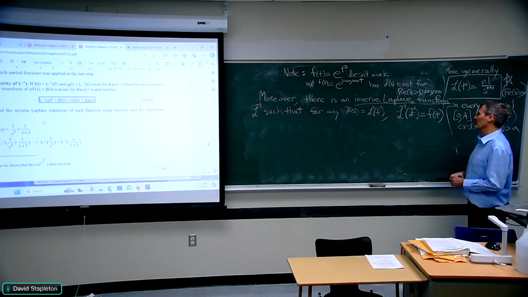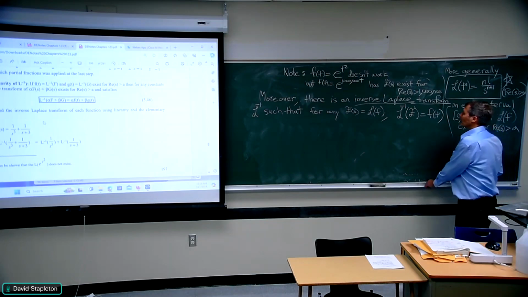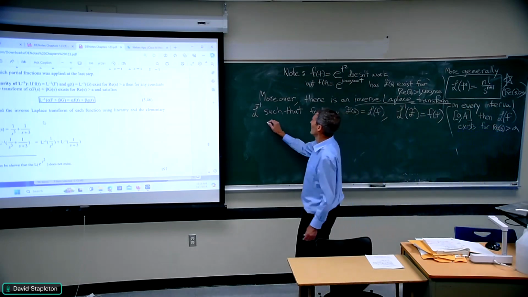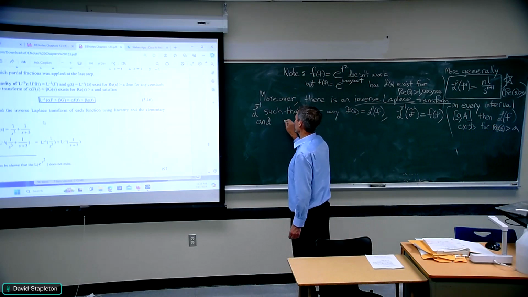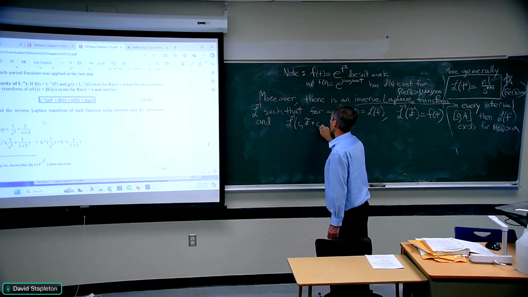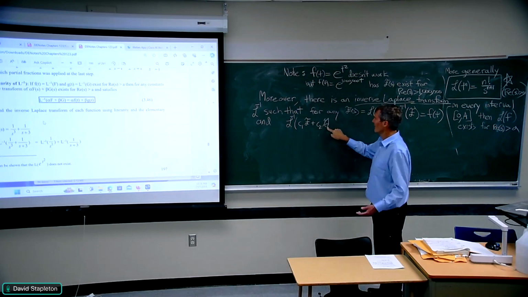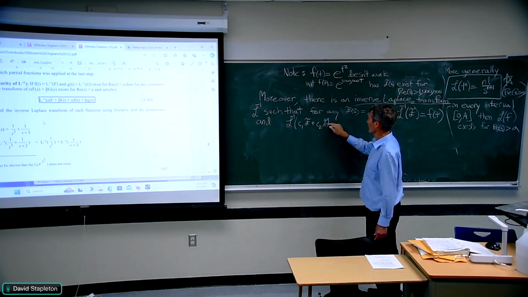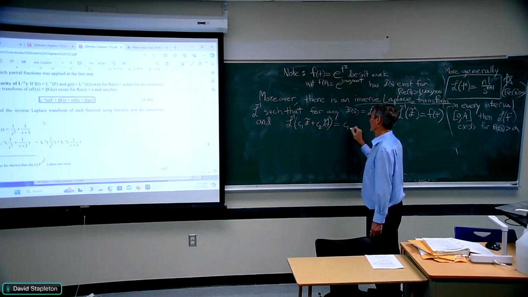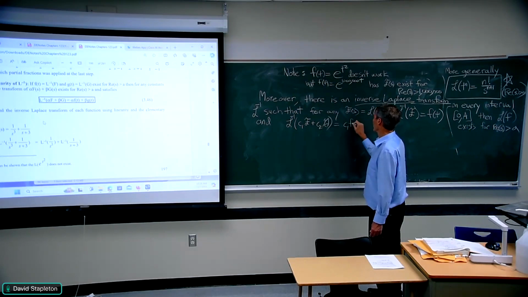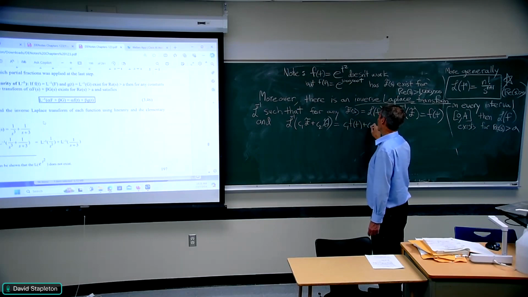So whenever you have a transform, you can undo it. And it also has the linearity property. If you take L inverse of a constant times the transform of one function, a function of s, plus a constant times the transform of another function, this being the script G, I think you guys aren't learning handwriting in school anymore, but that's a handwritten G, you get C1 f of t plus C2 g of t.